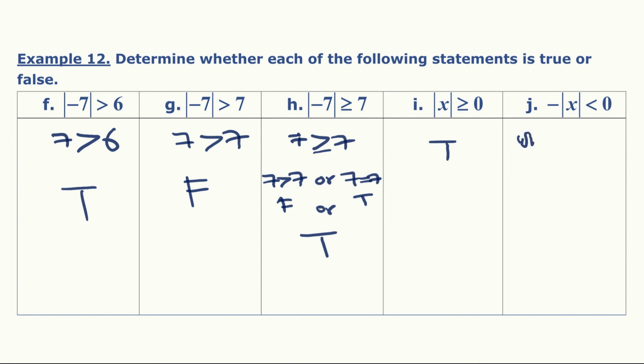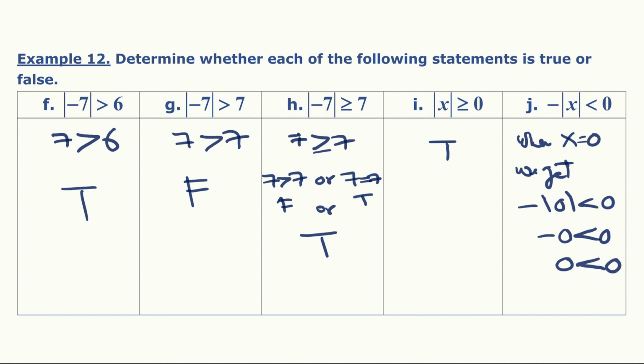Note when x is zero, we get negative absolute value of 0 is less than 0, which is negative 0 is less than 0, which is 0 is less than 0, which is of course false.